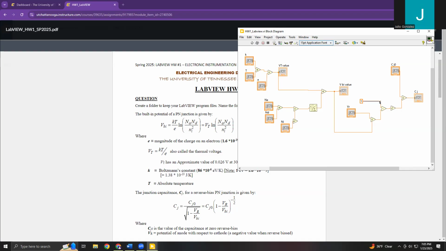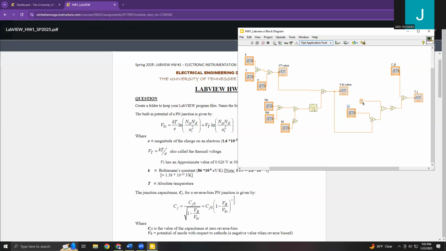Then I did 1 minus that. As long as your order of operations is correct and you have it going to the right input, you will get the correct value.